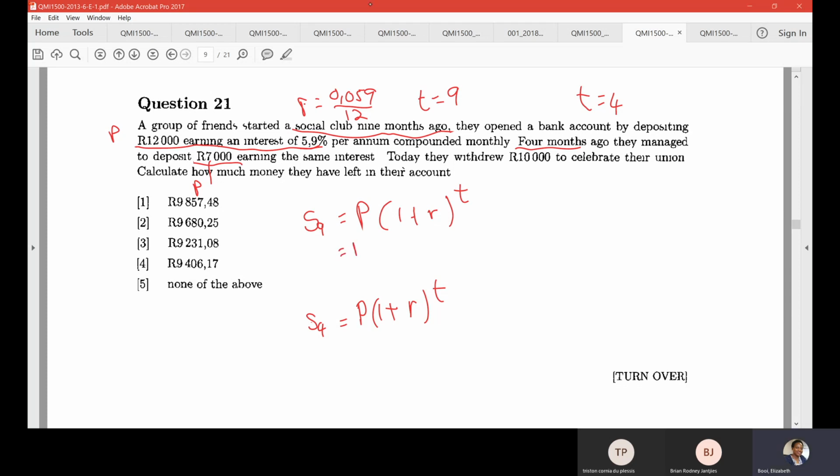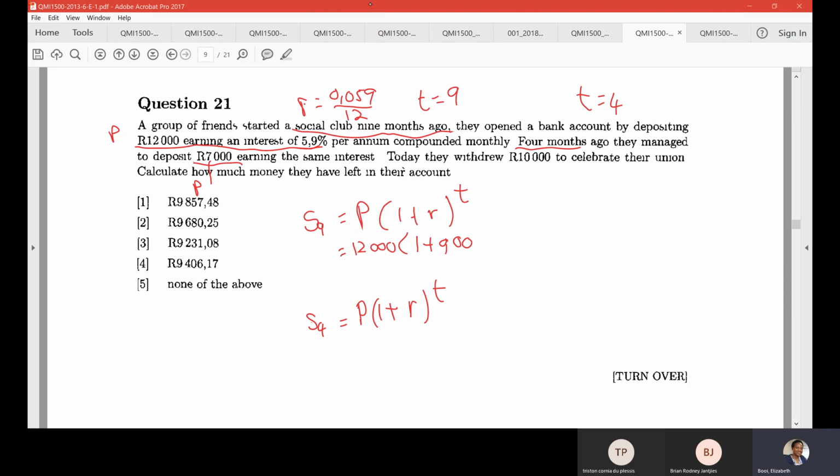So your P here will be 12,000 times 1 plus your rate. What is 0.59 divided by 12? That is that whole number, the long, very long number. You will have to write it all out. I'm just going to write few of those values.